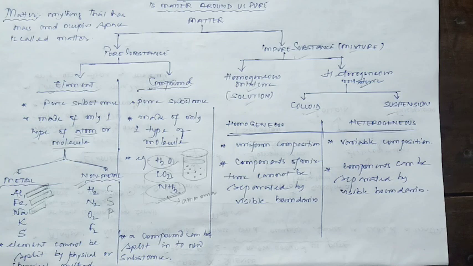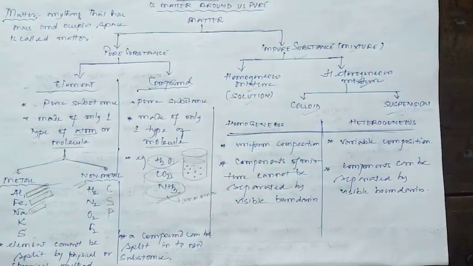We cannot further divide that small particle into sub particles. So that small particle is the atom. So metals cannot be subdivided into further smaller particles than atoms.